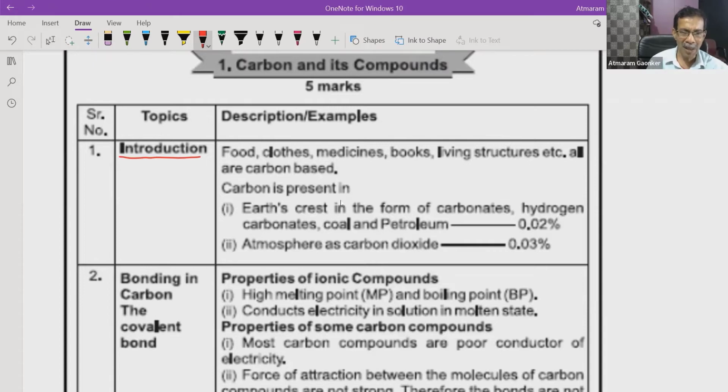Carbon is present in the Earth's crust and also in the atmosphere. In the Earth's crust, it is in the form of carbonates, hydrogen carbonates, coal and petroleum, which is about 0.02%. In the atmosphere, in the form of carbon dioxide, it is 0.03%.